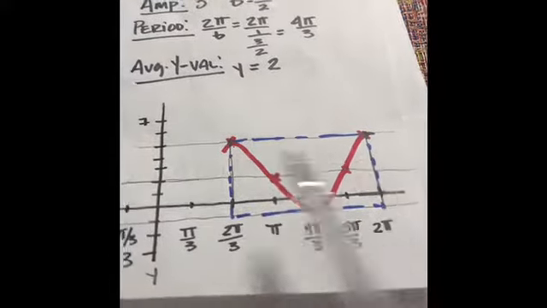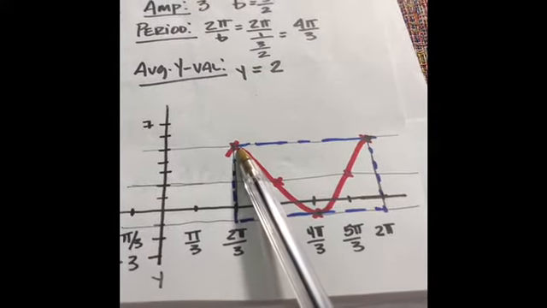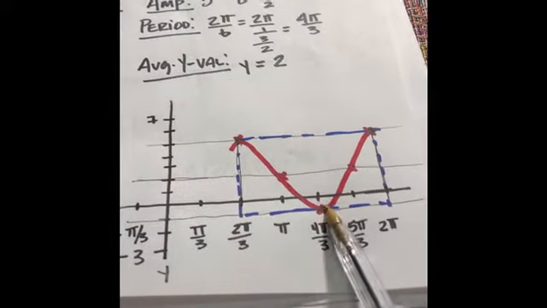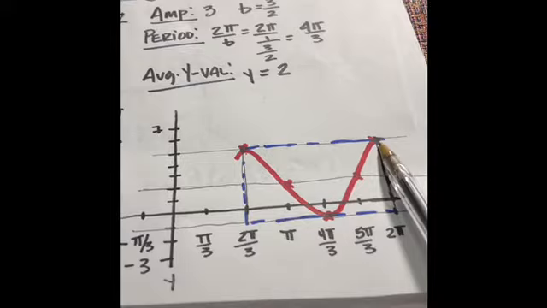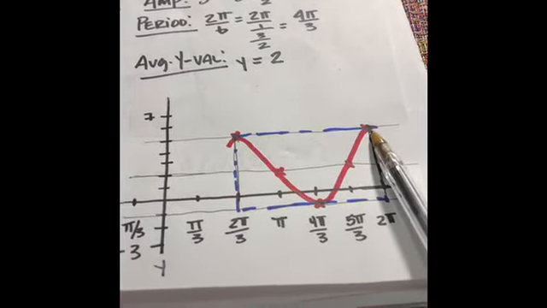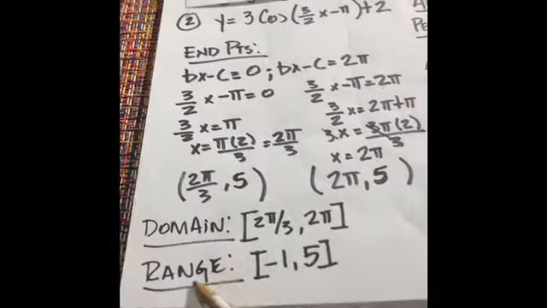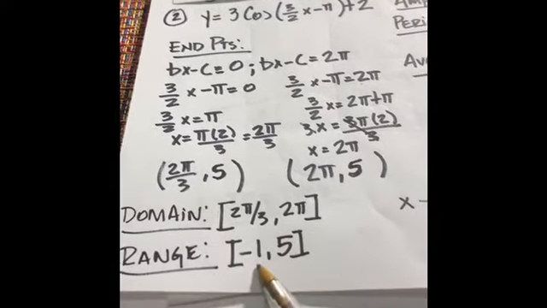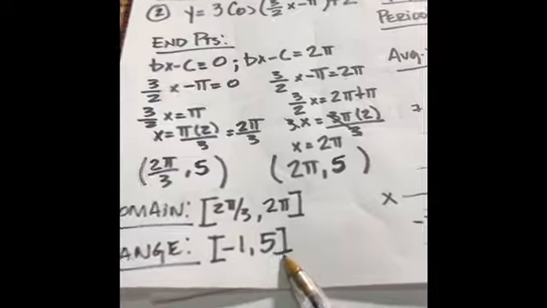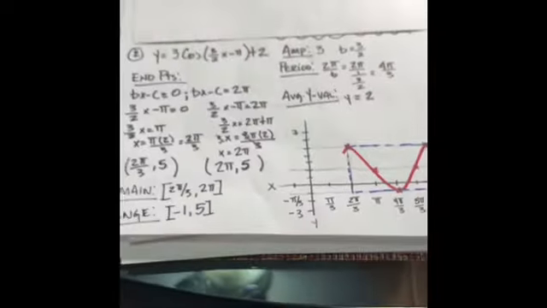So this is the shape of the graph: upper left corner, first quarter, lowest point at half the period, third quarter, and the upper right corner is going to be the ending of the graph. So the domain goes from 2 pi over 3 to 2 pi, and the range goes from -1 to 5. And there's a complete solution for the try.